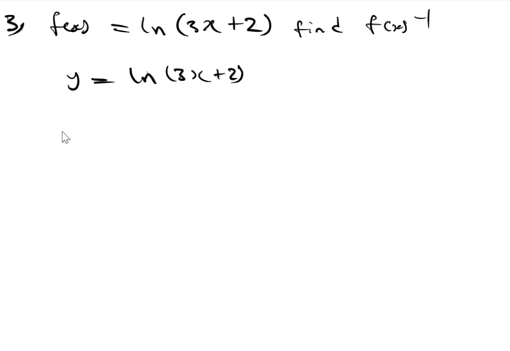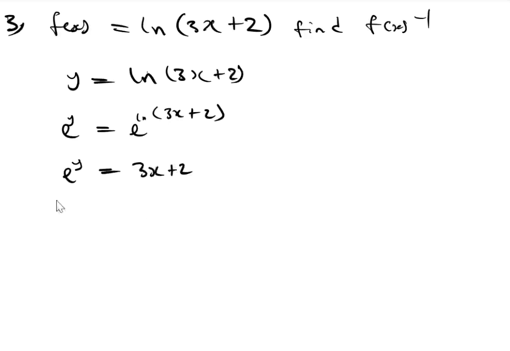Then exponential y is equal to exponential ln of 3x plus 2, and this is exponential y is equal to 3x plus 2.